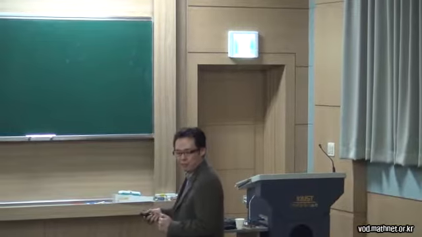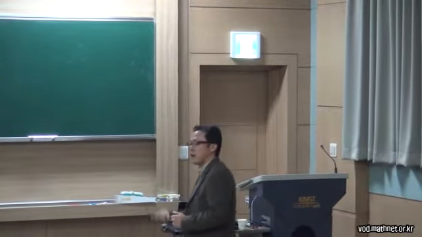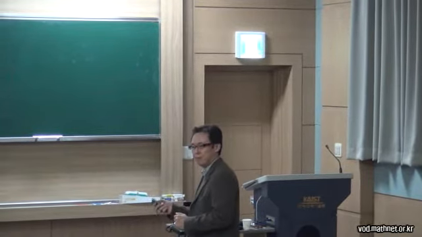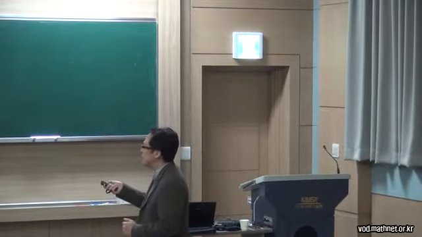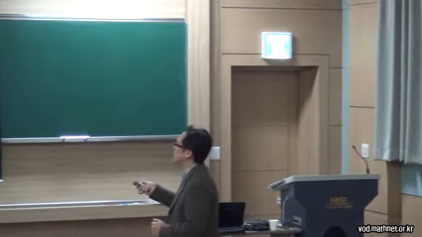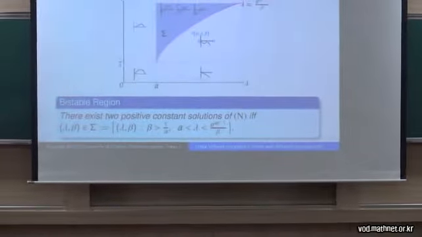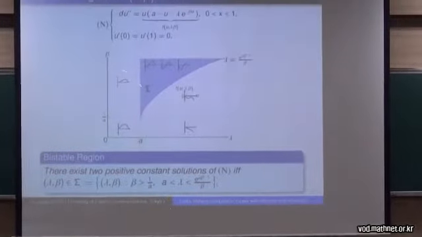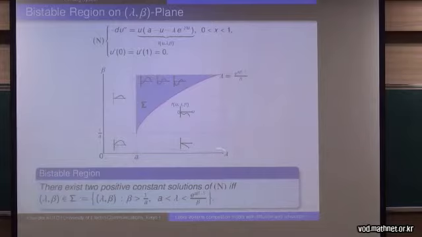It is easy to check that a straightforward calculation implies N has a couple of positive constant solutions if and only if lambda and beta belong to this purple region sigma. Okay? This sigma consists of beta, this is the beta axis, beta larger than 1 over A, and lambda larger than A and less than exponential A beta minus 1 over beta. Okay? This curve.